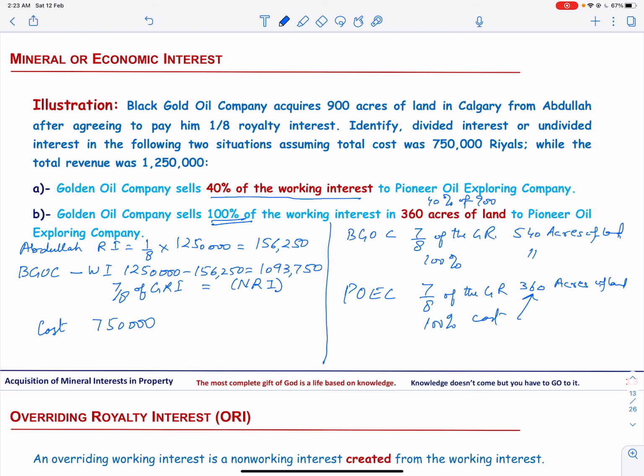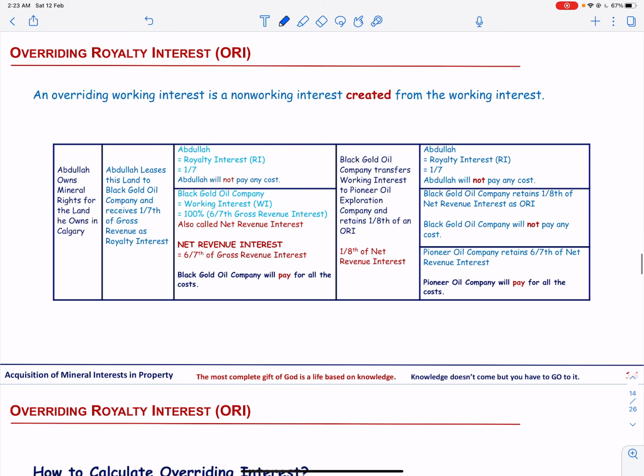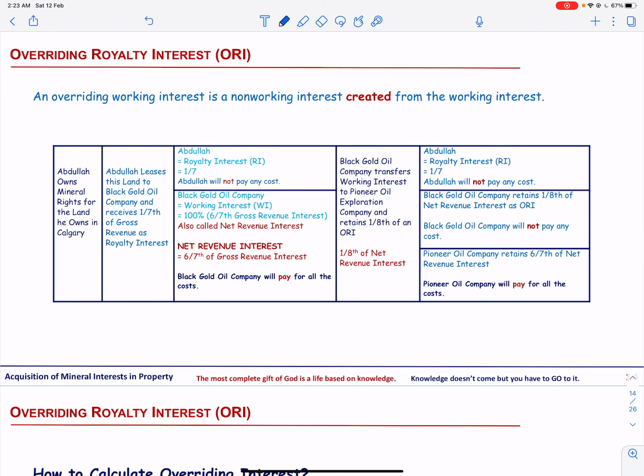Let us now talk about overriding royalty interest. An overriding royalty interest is a non-working interest created from working interest. As already explained, the subsurface rights can be separated from the surface rights, and this creates two kinds of subsurface interest: working interest and royalty interest.